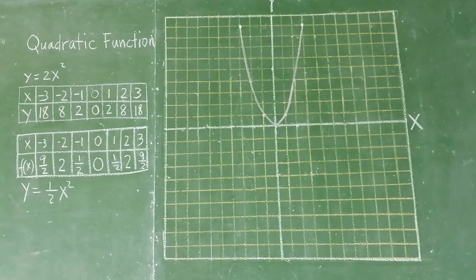So we are going to see the graph of y equals 2x squared and y equals 1/2 x squared. But before that, I would like to see the reflection also when y is equal to negative x squared.